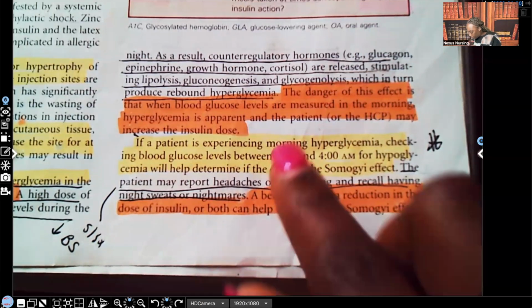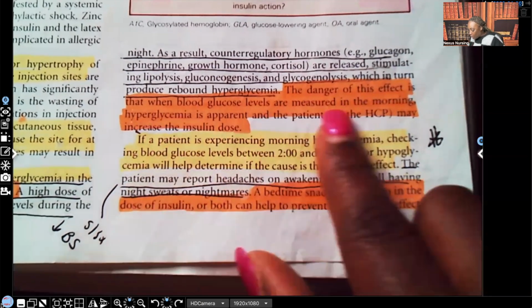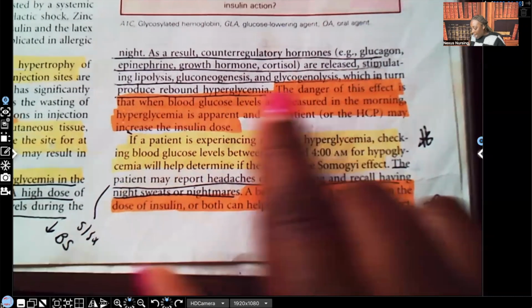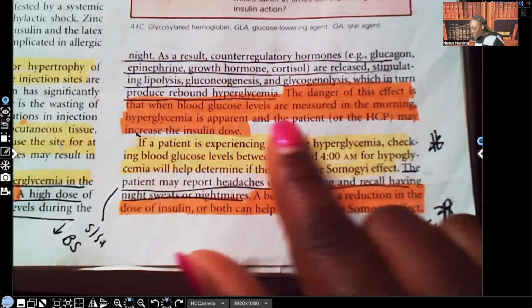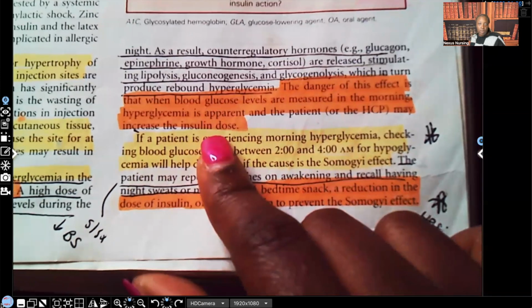Let's look. The danger of this effect is that when the blood glucose levels are measured in the morning, hyperglycemia is apparent and the patient or the healthcare provider may increase the insulin dosage. So it makes the problem even worse. So what do we do about this? Take a look.